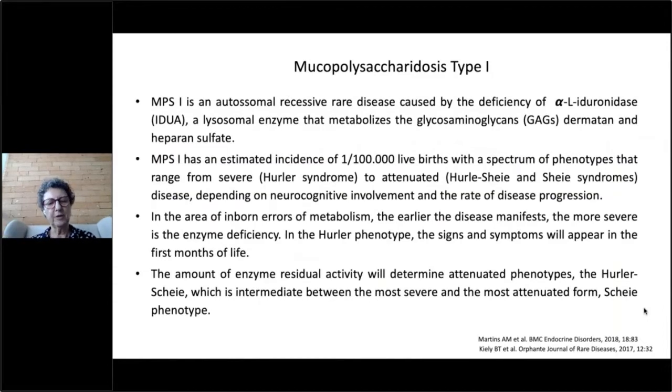The amount of enzyme residual activity will determine attenuated phenotypes, the Hurler-Scheie, which is intermediate between the most severe and the most attenuated form, and the Scheie phenotype.